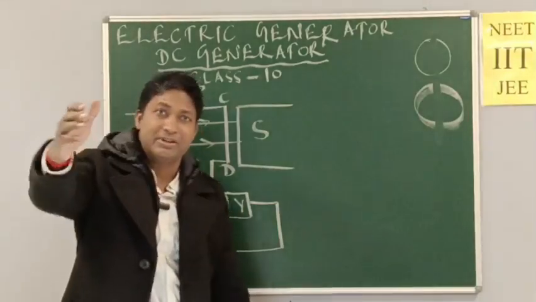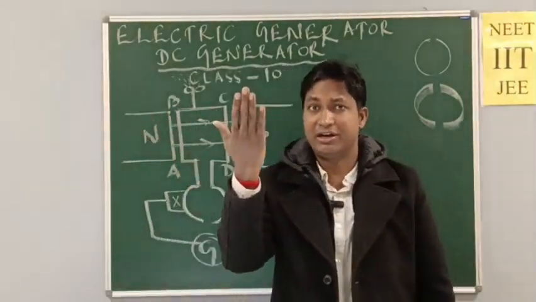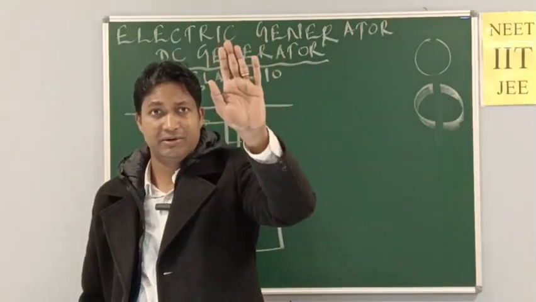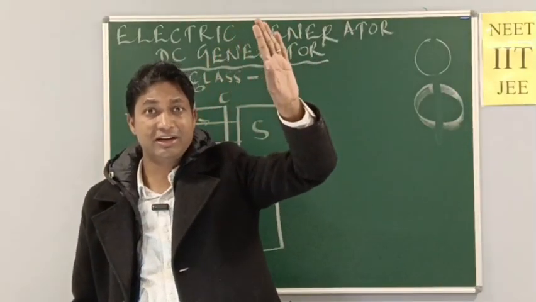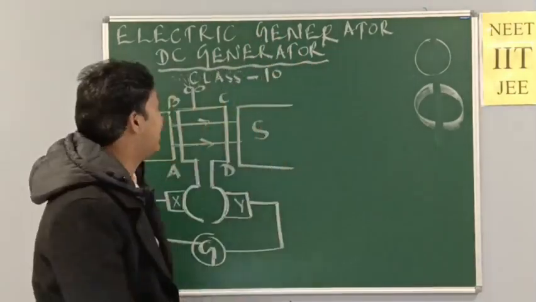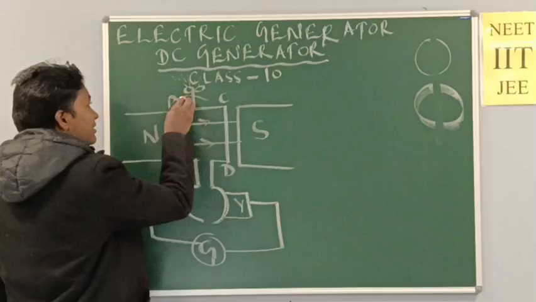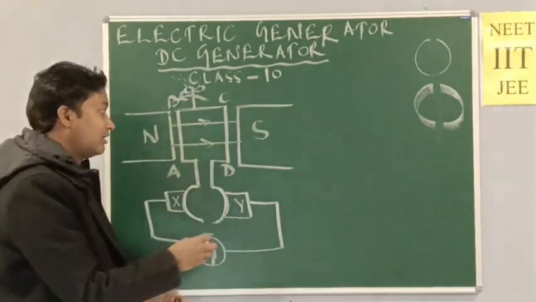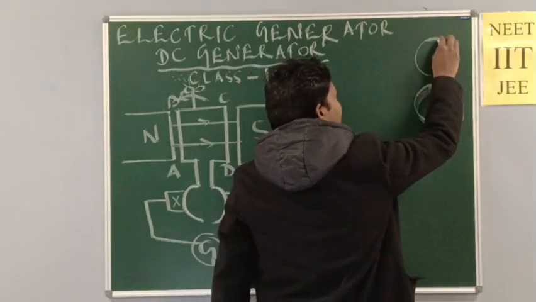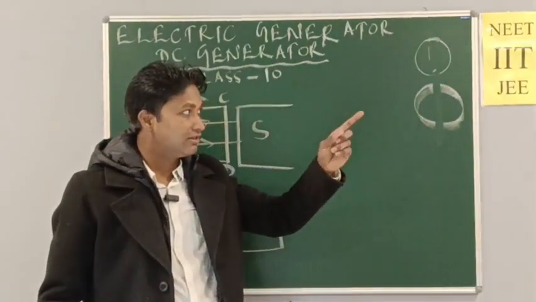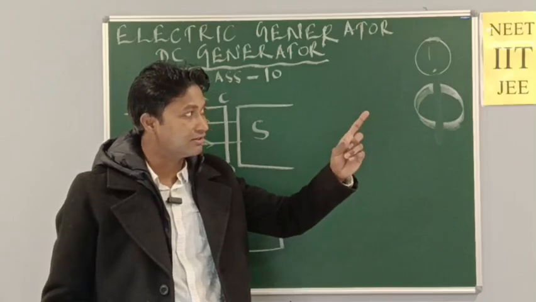The turbine is connected, and the turbine rotates. Suppose that the turbine rotates like this, anti-clockwise. See the arrow here. This is our clock, and our needle goes like this, in just the opposite direction.